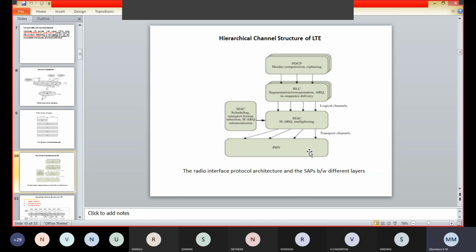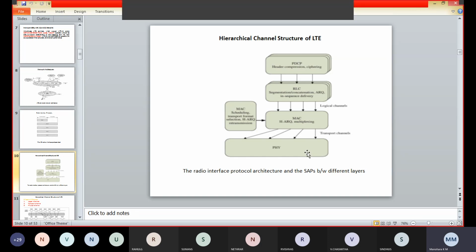So next we have uplink transport channels. In the uplink transport channels, we have the uplink shared channel, that is ULSCH, the random access channel, that is RACH, and then downlink control information, that is DCI, the control format indicator, that is CFI, and the HARQ indicator, and last we have uplink control information.